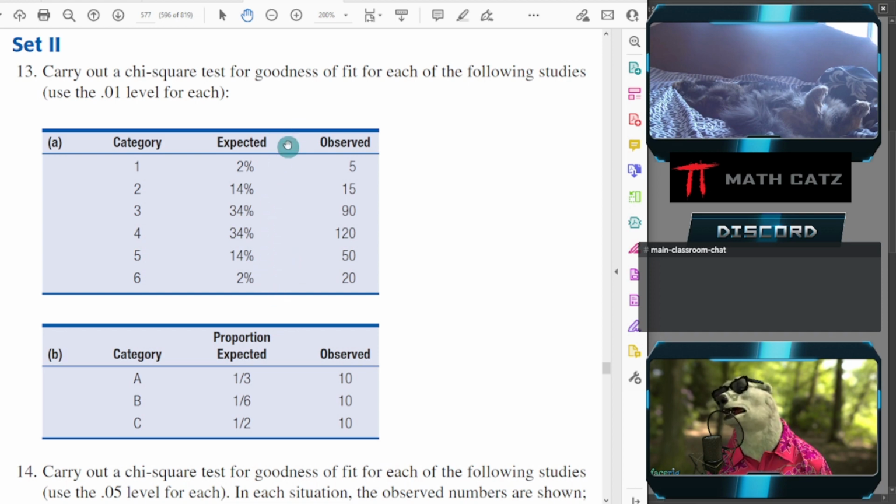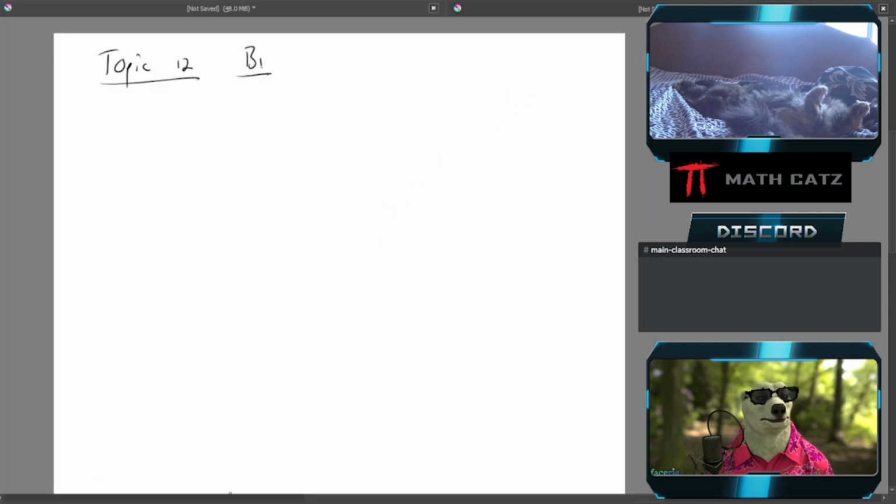Okay, so we don't know what the categories are or what the people are about, just to keep things fairly simple. So first of all, we need to write down the number here. What was that number? 13, and we'll do part A. I need to copy this down, all the information.